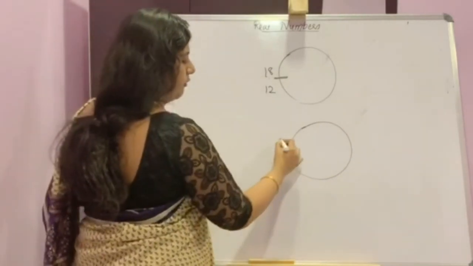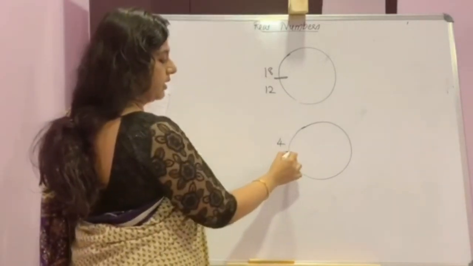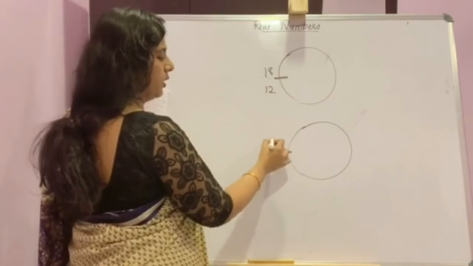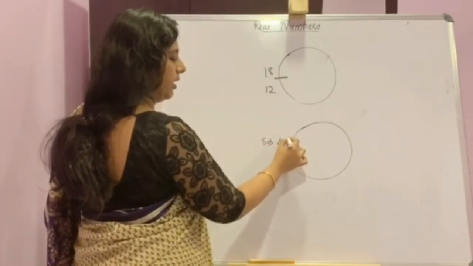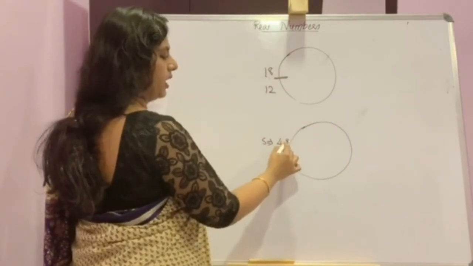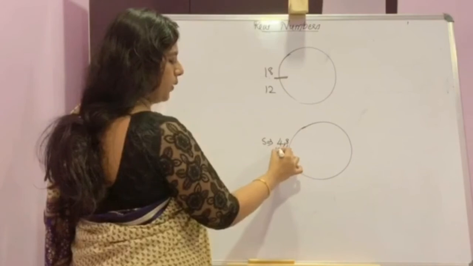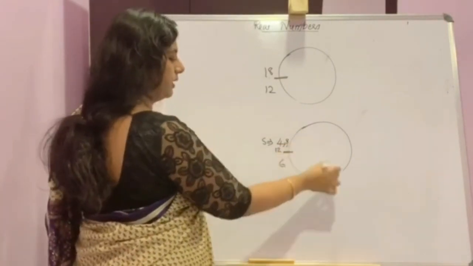Let us take 4 minutes and 6 minutes. So they are starting from here. After 4 minutes, Sonia will be here. And at the 8th minute, Sonia completes her second round. And at the 12th minute, Sonia will again be here, completing her third round.